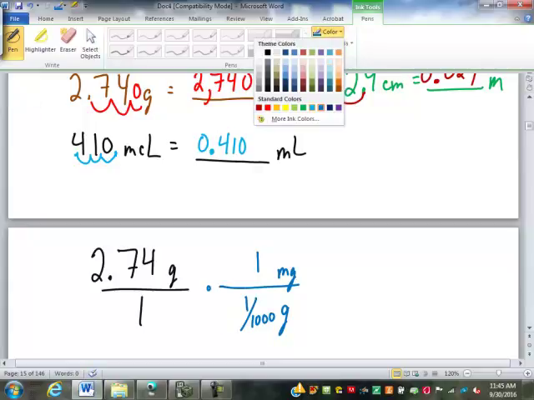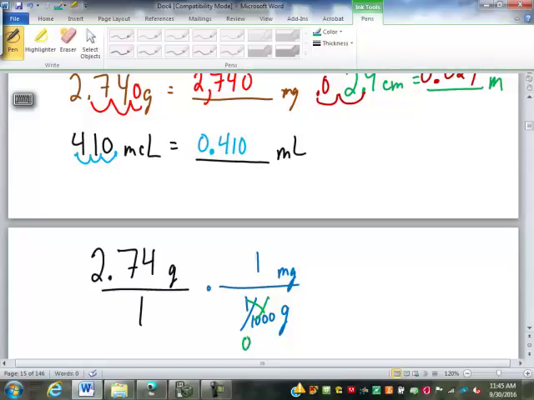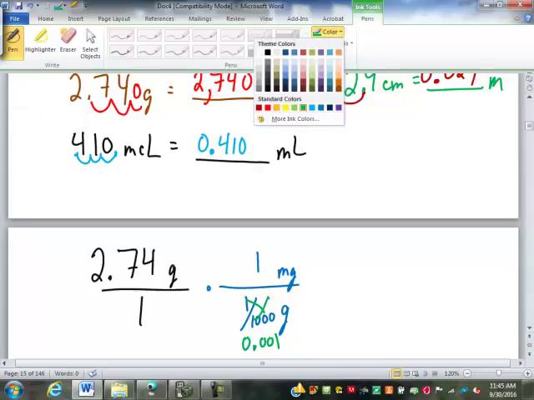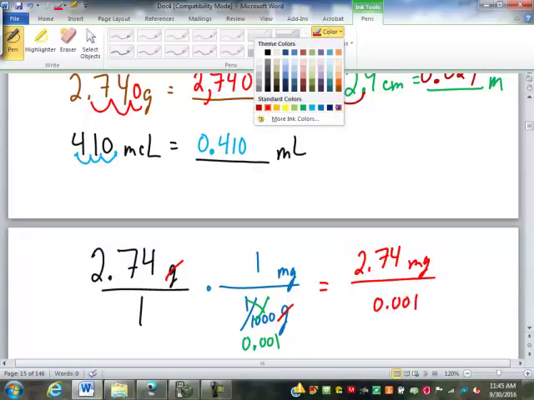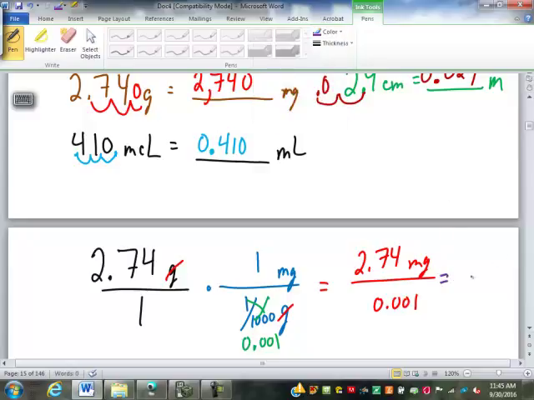Now, I would probably make it easier on myself and write it as 0.001 instead of 1/1000 as a fraction, just because it's easier for me to think that way. 2.74 times 1, of course the grams cancel out. 2.74 times 1 is 2.74 milligrams over 1 times 0.001 is 0.001. And then I divide that out. 2.74 divided by 0.001 is 2,740. And I have my milligrams on there.